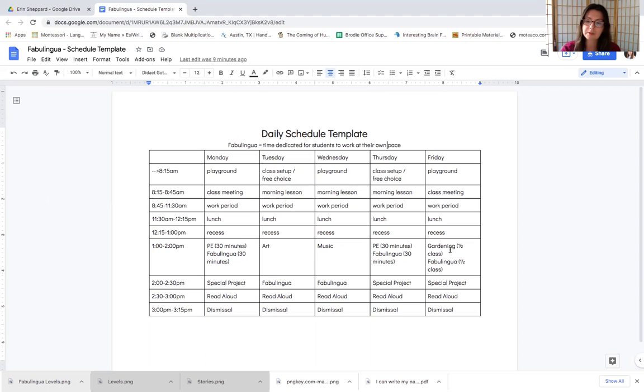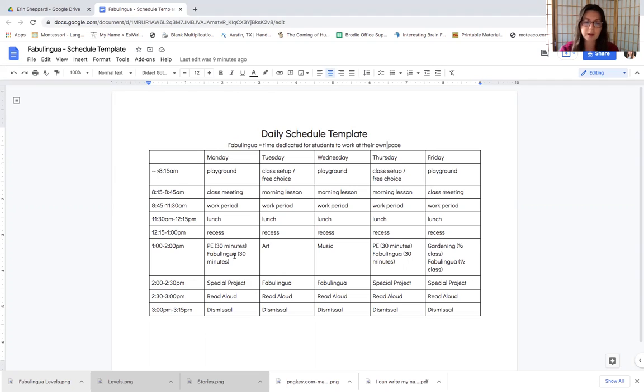And then when we have gardening, they take only half of the students at once, which means the other half are in our classroom and they will do FabuLingua then. And then after 30 minutes, we switch. And then the other class who is at gardening will be working on FabuLingua and vice versa. So you'll notice after that, I have a 30-minute block for special projects on Sundays.